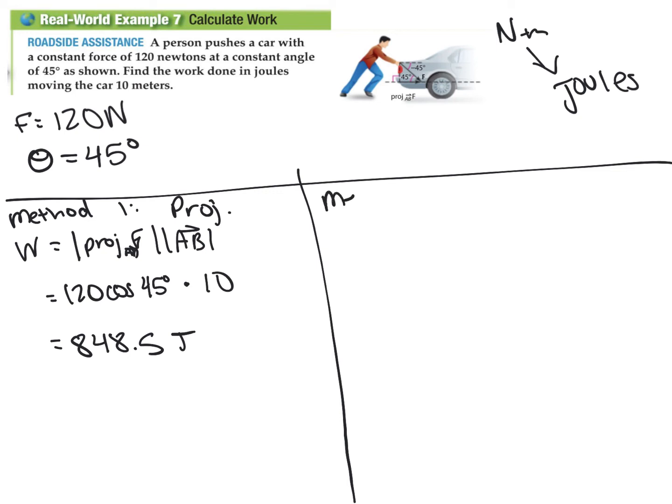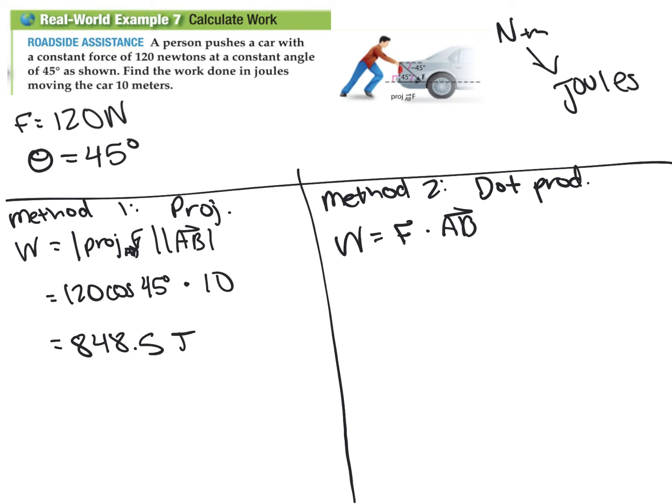Method two is using the dot product, which is the second way on the prior slide that shows you can solve it. So we're going to say W is found by the dot product of force and AB.